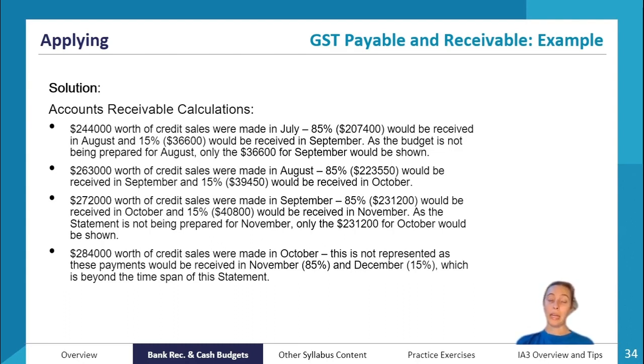15% we're going to be in September, so we figured out that result as well. And again, we're specifying whether or not the figures are going to be shown. So as the budget is not being prepared for August, only the September figure is going to be shown.